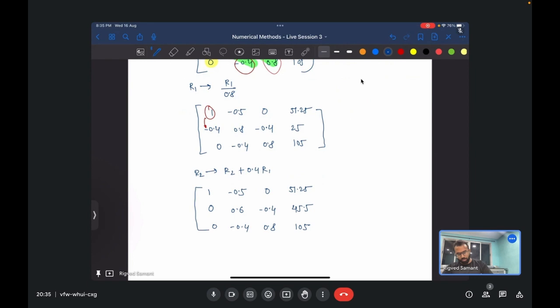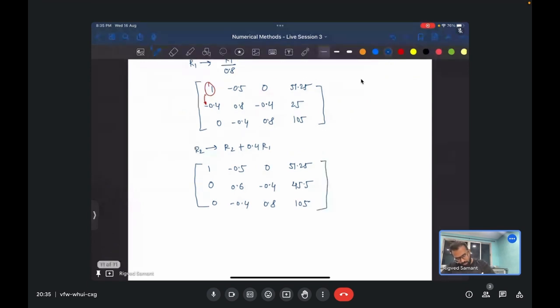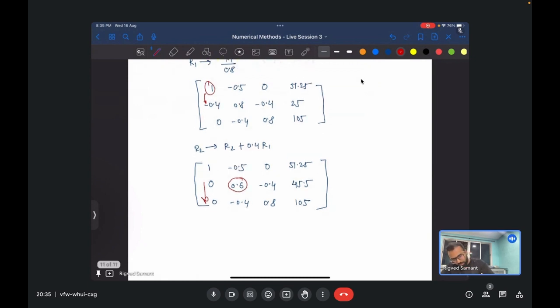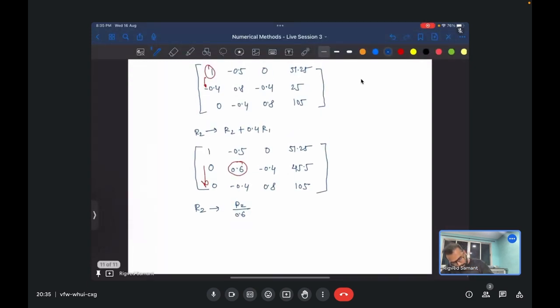Right? Now again we'll go to this one because these two values are 0. So we are done with the first pivot. In our second pivot we will make it 1. So R2 would be R2 divided by 0.6.